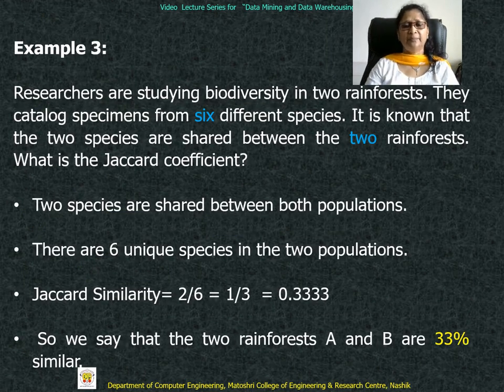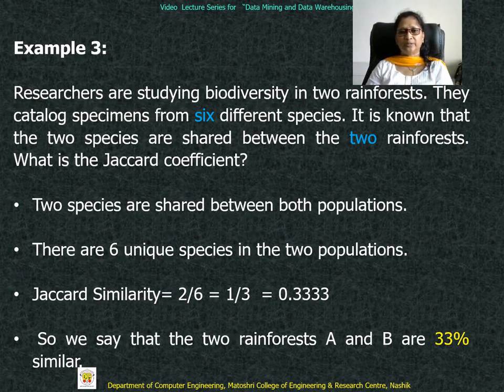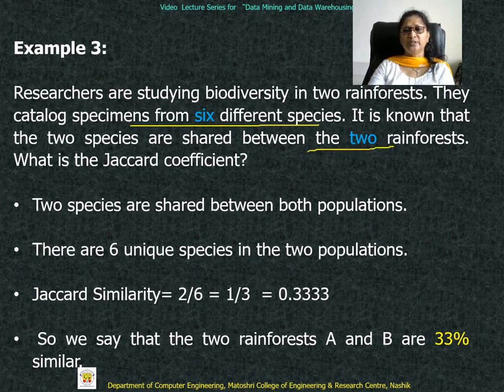This is another example where we are talking about biodiversity in two rainforests. And for computing similarity, here we are not given the species sets. Rather, we are given that the total count of these different species is 6, and there are two species which are common in both the rainforests, and we have to find out the Jaccard coefficient.